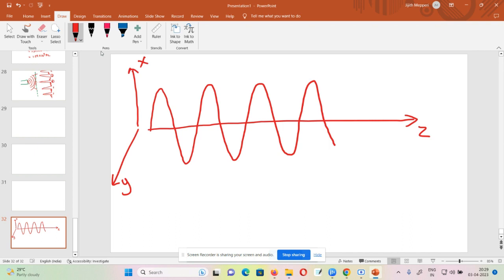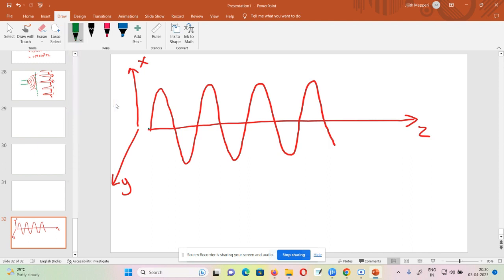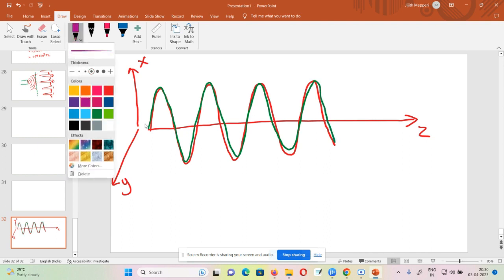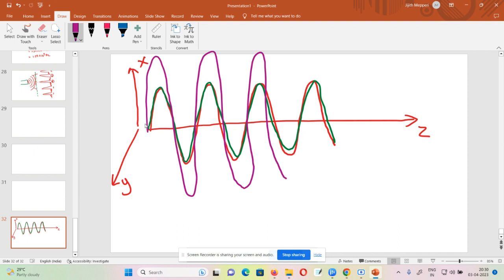So if you want a full interference, constructive as well as destructive, just think that there is exactly another wave coming in the same direction. What will you get? This will add up and form a higher intensity beam.